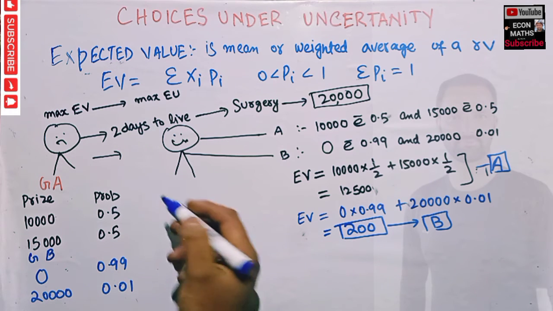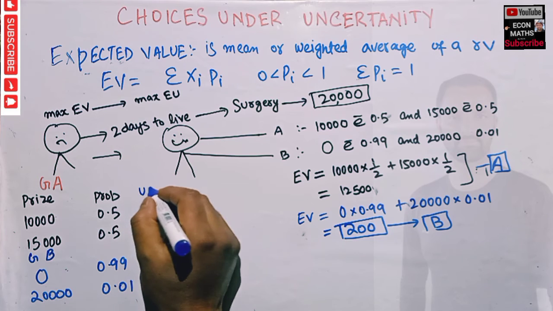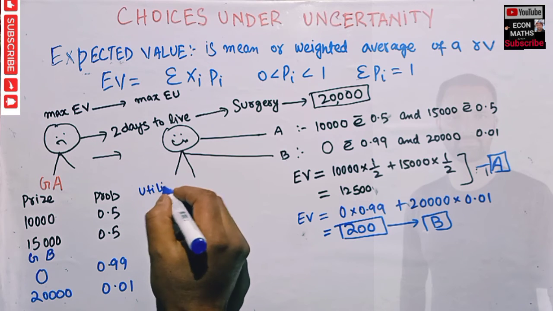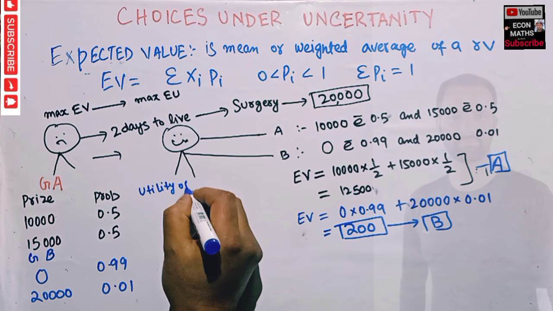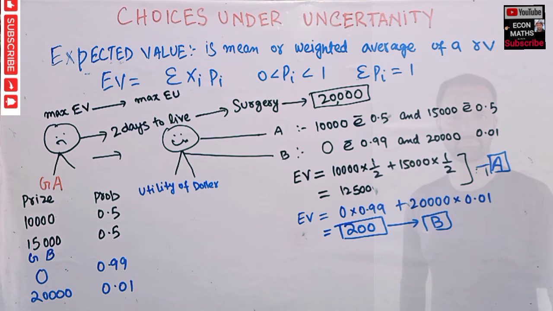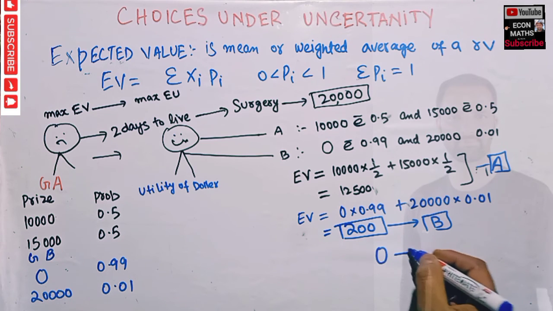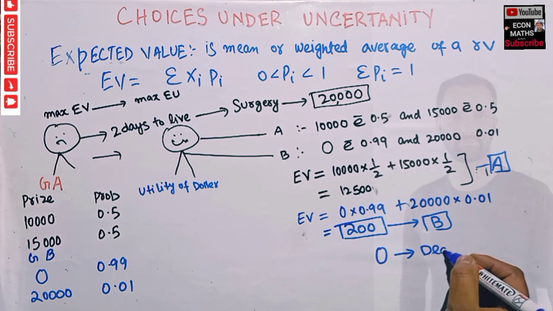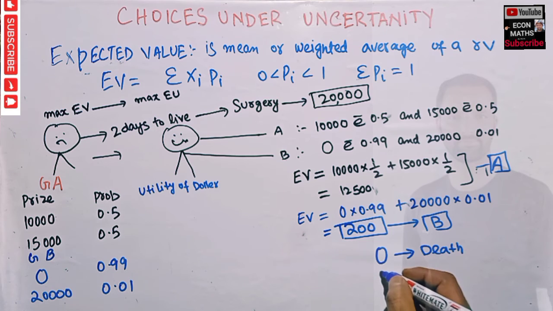What is the utility of a dollar here? Let me write it here. The utility of a dollar is simply, let's denote two numbers. Let us say 0 denotes he dies, death, and 1 denotes that he lives.